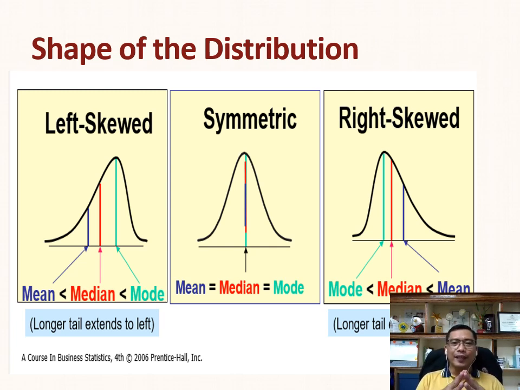If it's right skewed, the median is greater than the mode, but the mean is greater than the median, and the concentration of the responses is more on the left side. We call it right skewed because the tail is longer on the right.